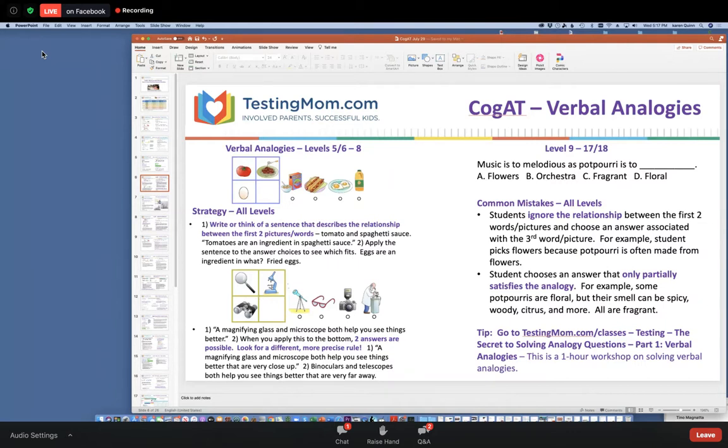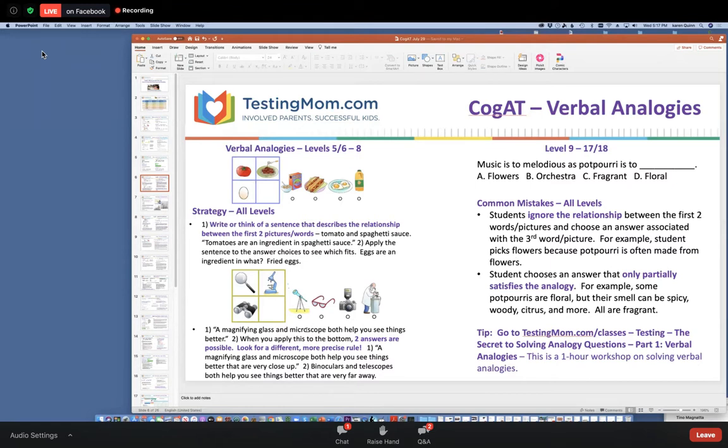So if your first idea doesn't work, you just want to get very specific. So here, the magnifying glass does help you see things up close, but the microscope even lets you see things even closer than this. So what helps you see things far away, but even better than any of these other things? And that would be the telescope. So the telescope would really be the answer.